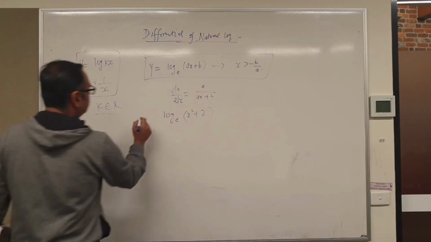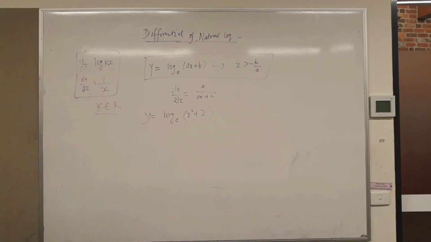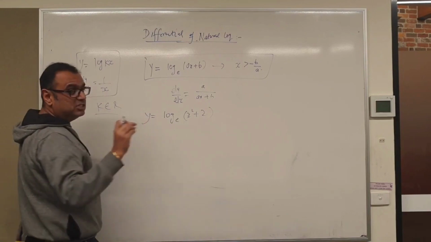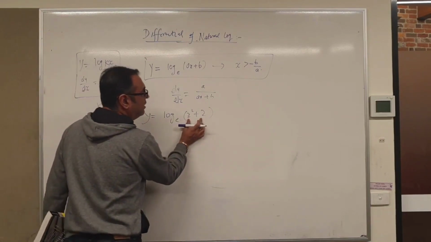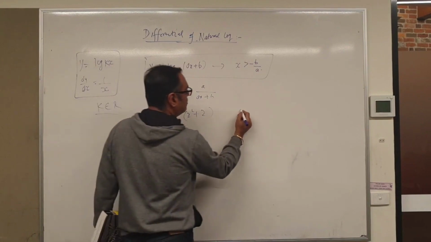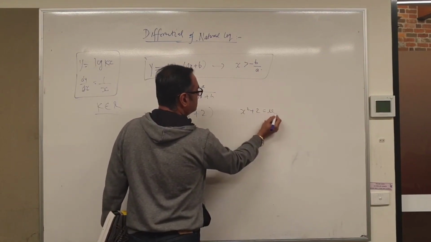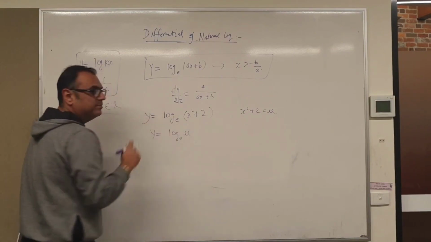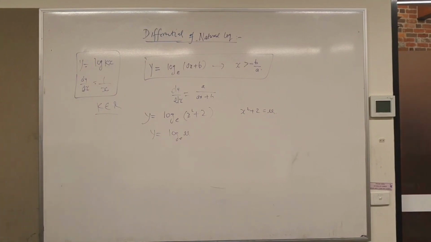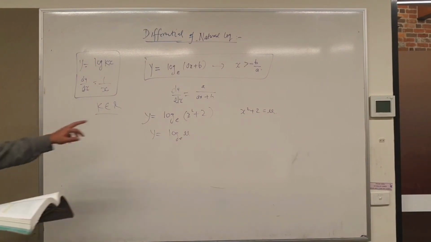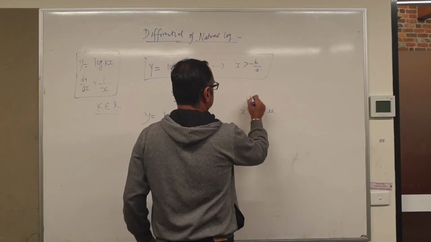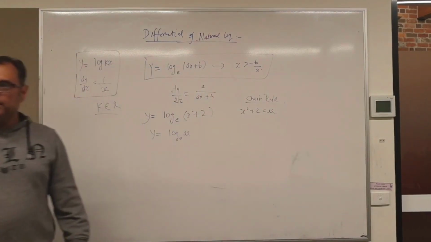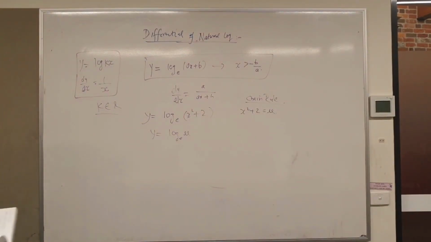Now let's try to find the differential of this logarithm. I just use the standard chain rule. I say, okay, x square plus 2 is u. Is it making sense? So then what does y become? Log of u. I've just used the chain rule. Now what does the chain rule tell me?